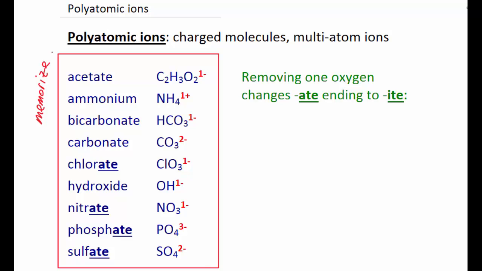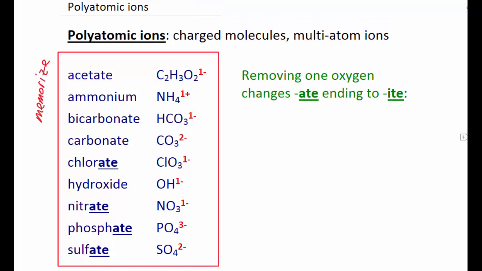If you mess up the charge on a polyatomic ion, your formula is going to be wrong. So if you mess up how many oxygens each of those have, its formula is going to be wrong again. So notice several of these end in -ate. -ate doesn't have one particular meaning, beyond just multiple oxygens usually.